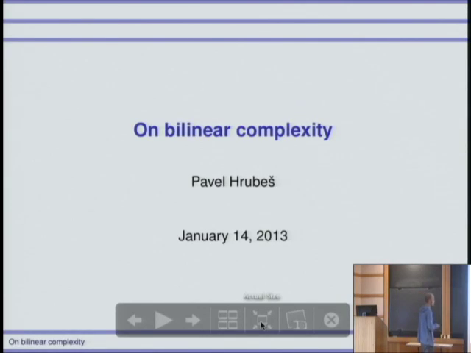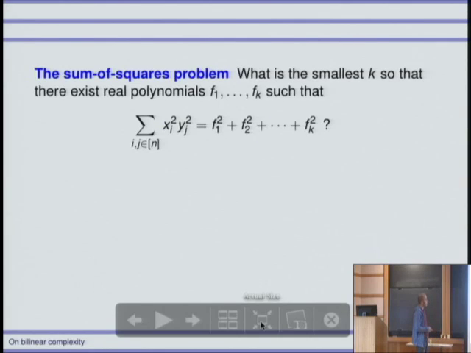To motivate the question, I will start with a problem that some of you may have heard about before, and that is the sum of squares problem. You have a polynomial, which is the sum of xi squared yj squared for i, j coming from 1 through n.